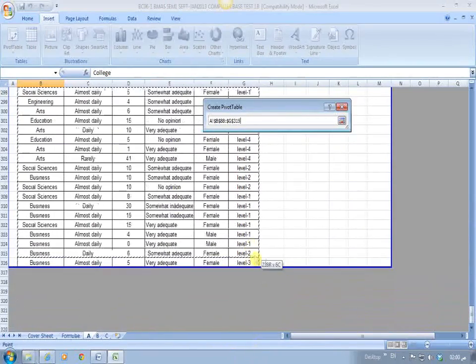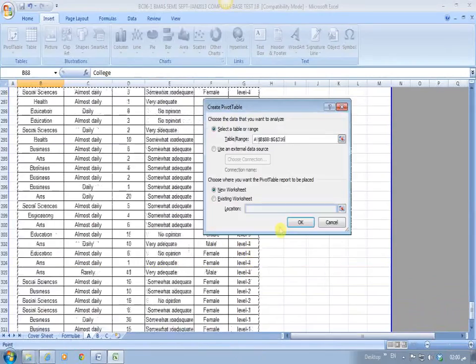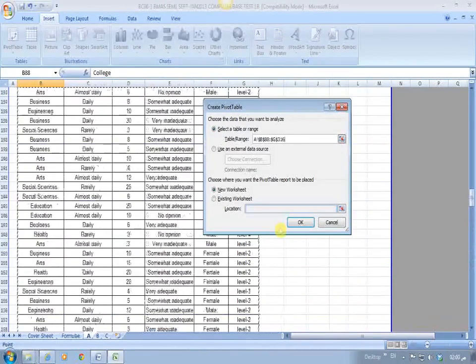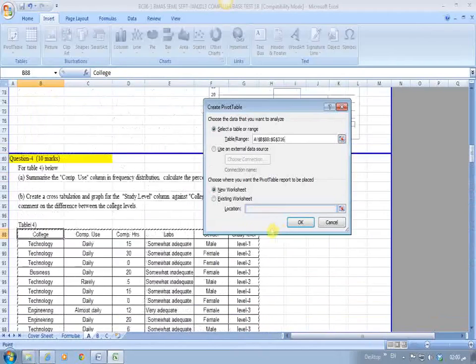See, this is the data. I highlight all the data including the titles, because you need the titles. Then after you highlight the whole table, you have to decide where you want to put your answer, in a new sheet or an existing sheet.